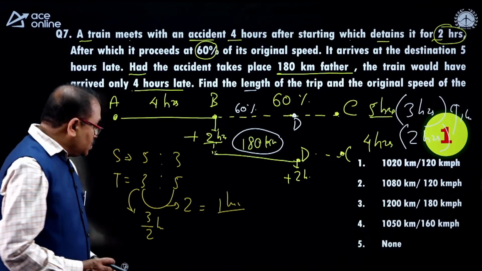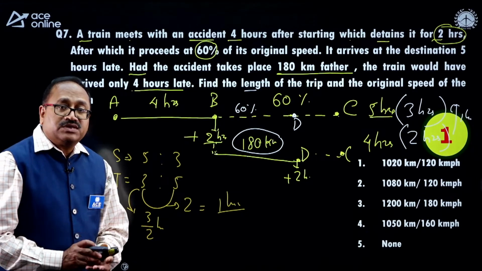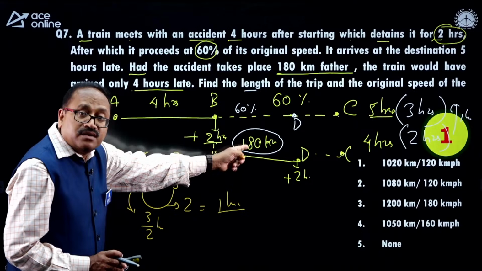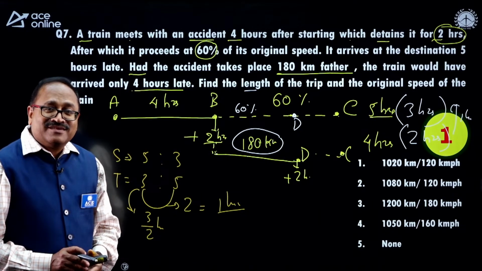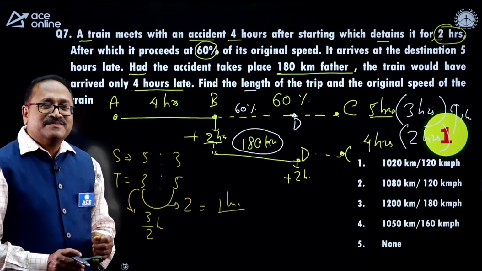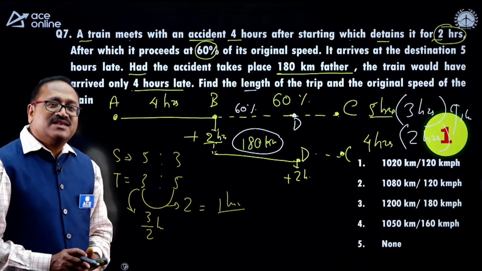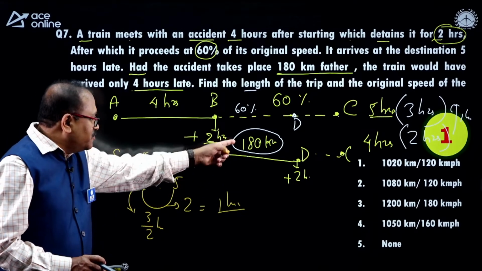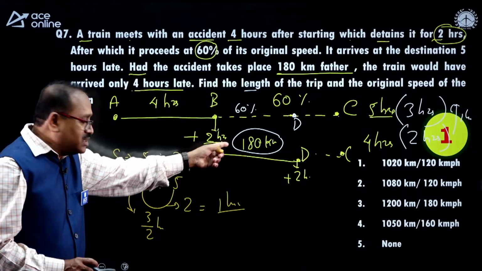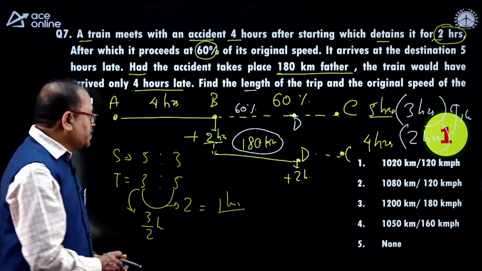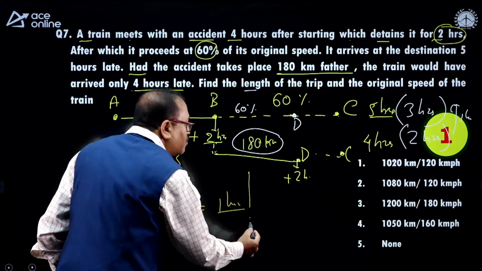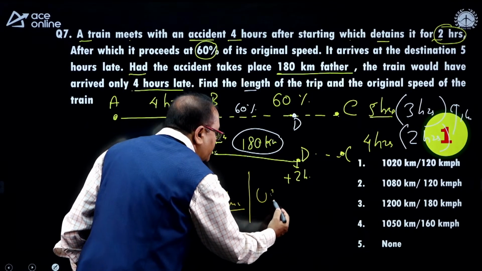Right? So the time is 3/2 hours and the distance is 180. Can I get the usual speed? Yes, we can get the usual speed. What is that? 180 distance divided by 3/2. So let me write down what the usual speed will be.